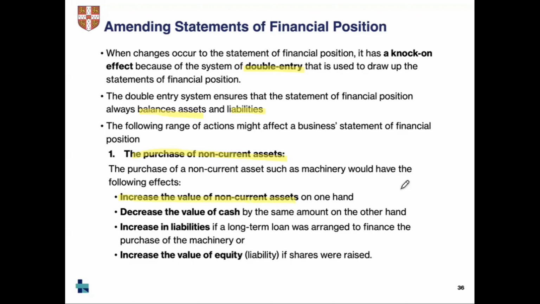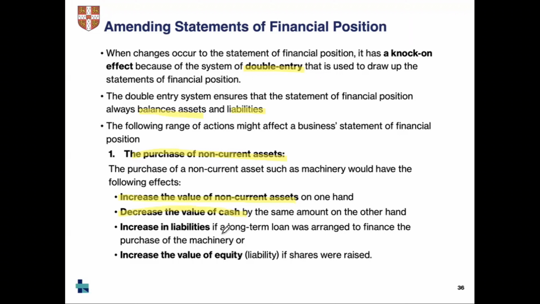If the value of our non-current assets on our statement of financial position is 15,000 and we buy a car which is 10,000, it's going to increase from 15,000 to 25,000 because of the value of the car. What effect will it also have? Apart from increasing our non-current assets, it will decrease the value of our cash because we are using 10,000 to buy that car. All right.